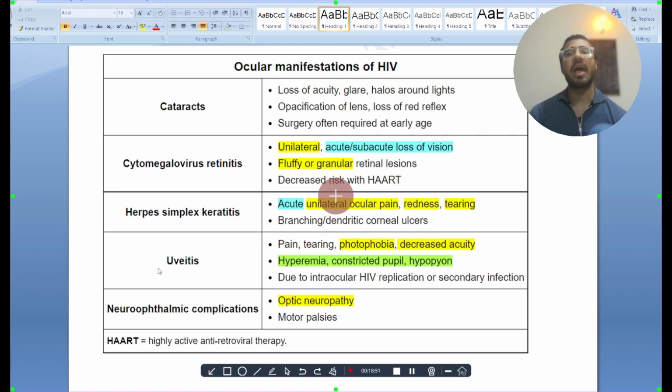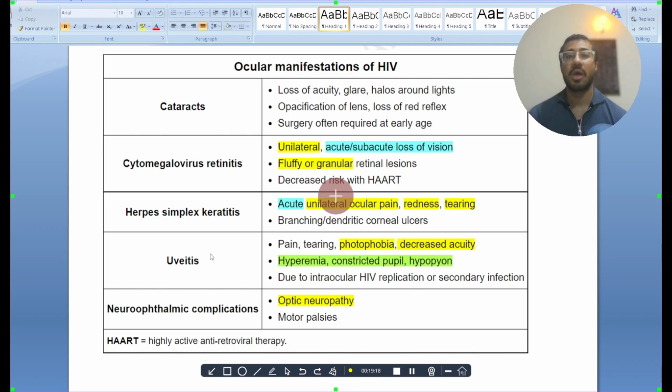So you're going to have all the symptoms of anterior uveitis, like we discussed: a little bit of haziness on the cornea, a pus collection in the anterior chamber, hypopyon, and you're going to get reduced visual acuity as well. Constricted pupil, hypopyon, hyperemia due to intraocular HIV replication or secondary. Yeah, but it's anterior uveitis.